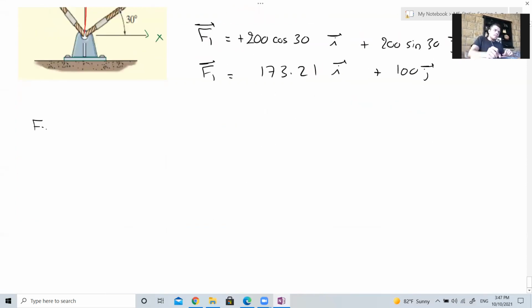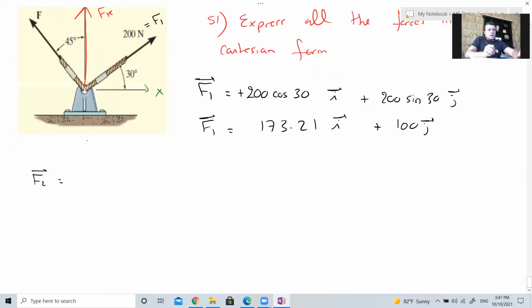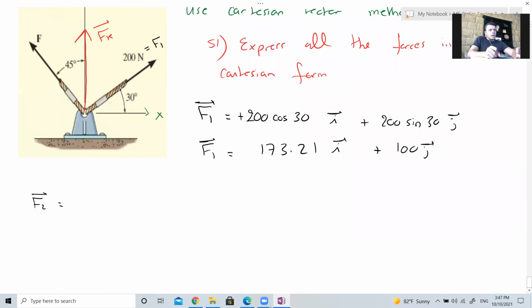طيب what's F2؟ على X. كم؟ لا هيدا F2. We don't have it. It's F. Yeah, minus 200. ليش عم تقول لي 200؟ How do you know it's 200؟ You don't know it.